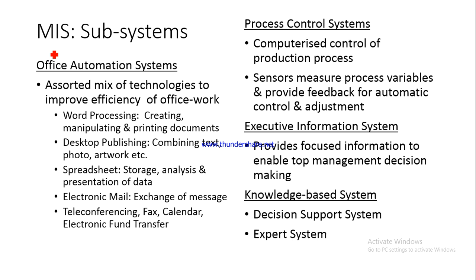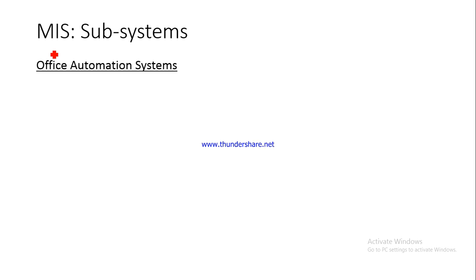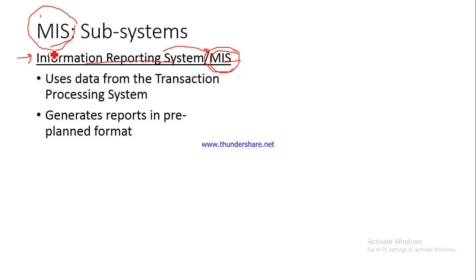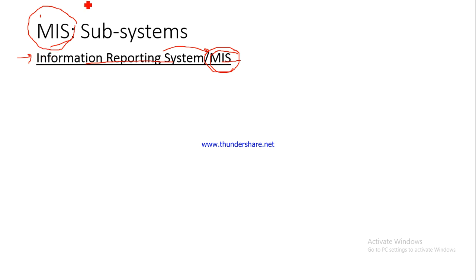They are all different constituents of MIS when we talk about MIS in the broad sense. Is this okay? Now, so as not to confuse you any further, we will not make use of the term MIS in the very narrow sense. We will rather use the term information reporting system, right?